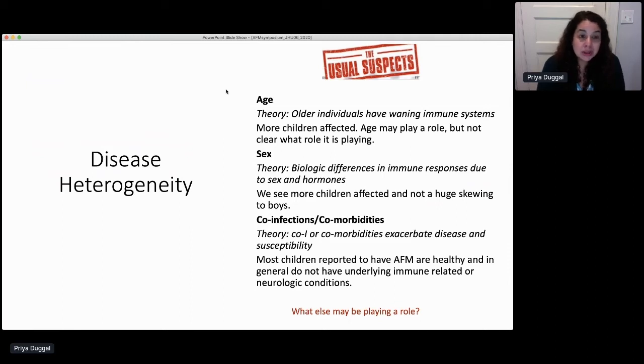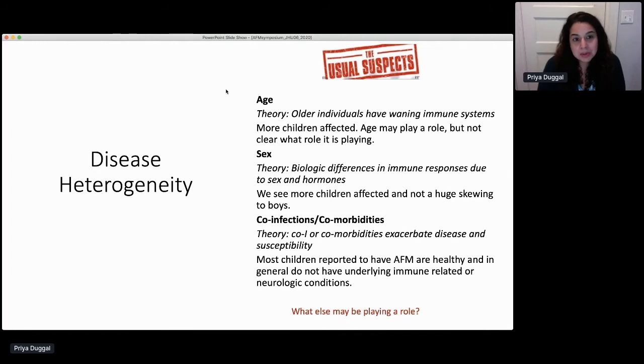We don't see waning immunity that would play a role to make you more susceptible. In terms of sex, we see that more children are affected and they're likely prepubescent when they are affected. So it's not likely a huge skewing towards individuals based on hormonal differences, which we often see when we look at infectious diseases. And then, of course, a big player would be co-infections and comorbidities.